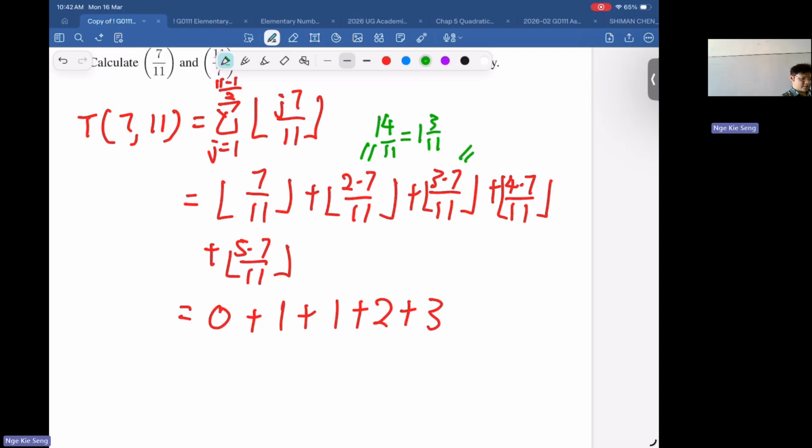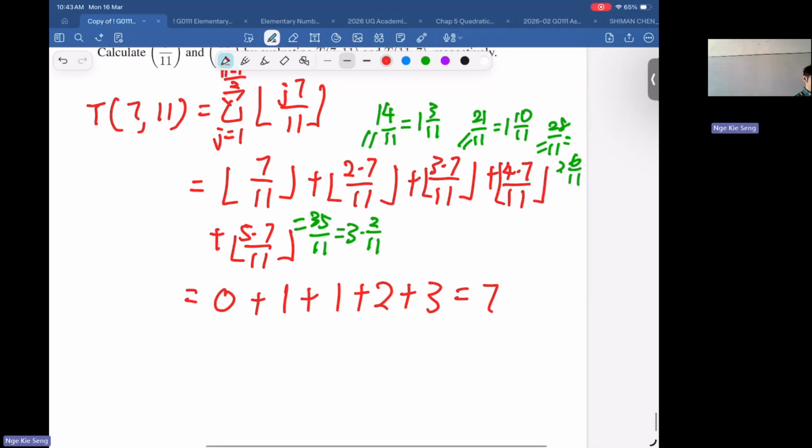And then 21 over 11 is 1 and 10 over 11. And then 28 over 11 is 2 and 6 over 11. And then 35 over 11 is 3 and 2 over 11. So this is another way to see what the floor is.